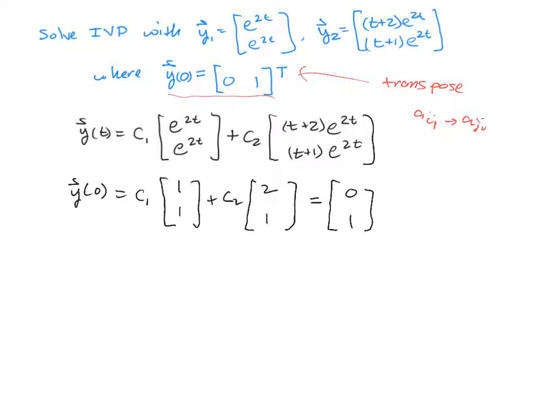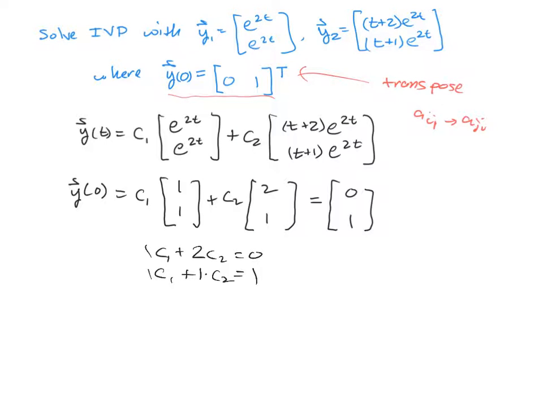All right, so now if we multiply this out and look at what we get, we actually end up with another linear system, but now it's in terms of numbers. We end up with c1 plus 2c2 equals 0, and then 1c1 plus 1c2 equals 1.